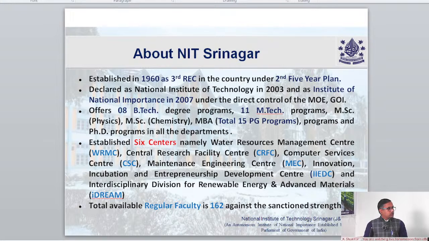There are 6 centers, including the water resource center and the central research facility, where we can work on all areas of engineering. We also have a computer service center, a center for maintenance, and interdisciplinary branches like renewable energy. iDream is there. There are more than 162 faculty in engineering and about 54 faculty in allied branches, so more than 200 faculty in total.